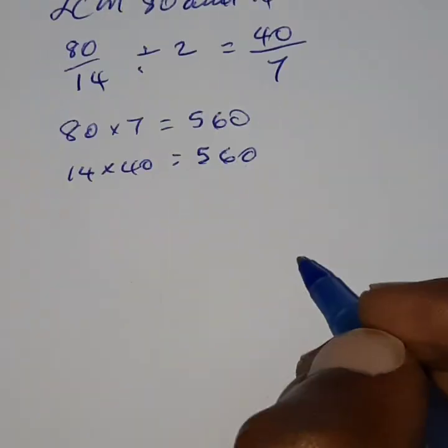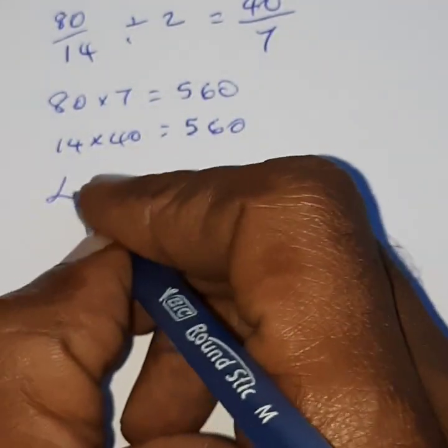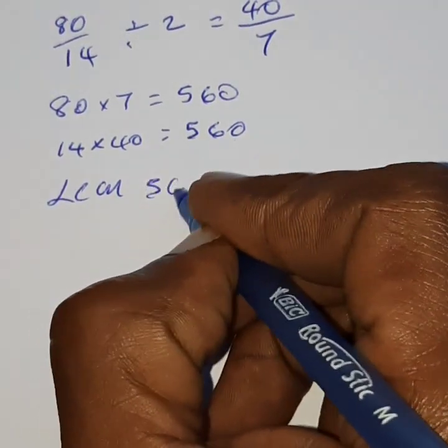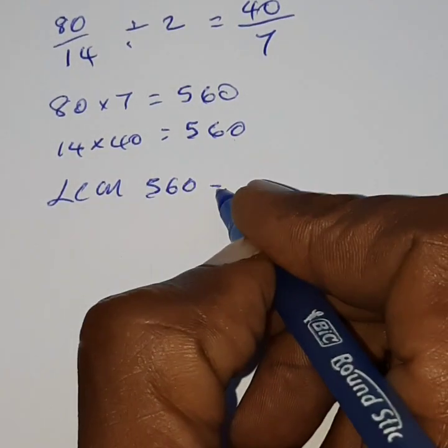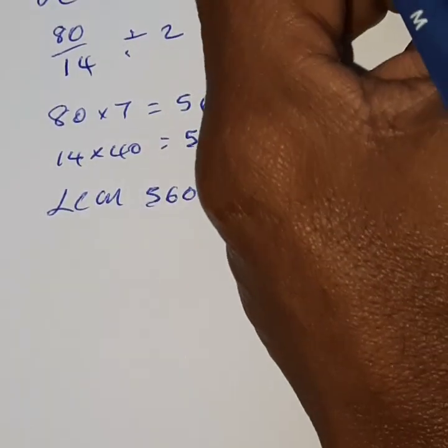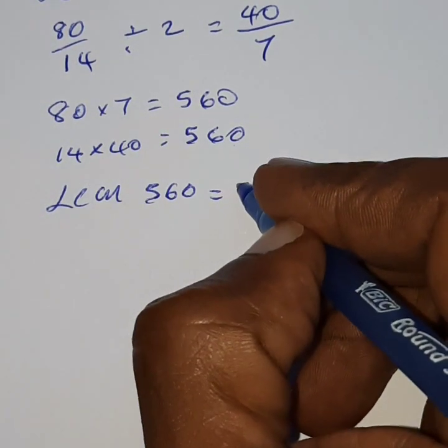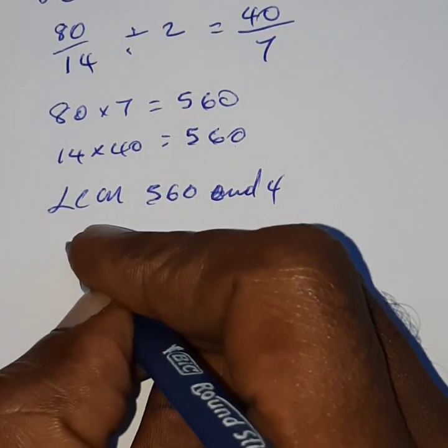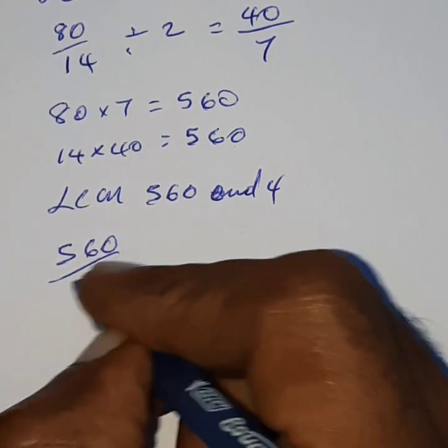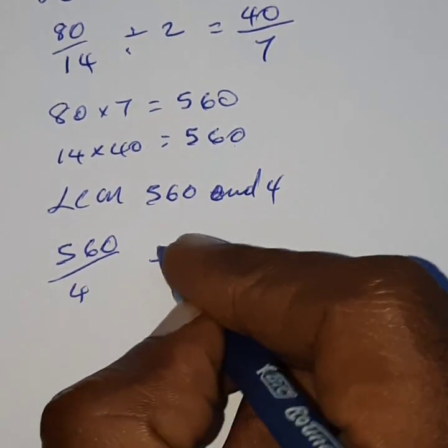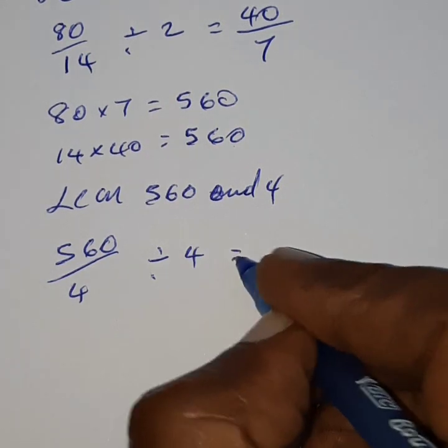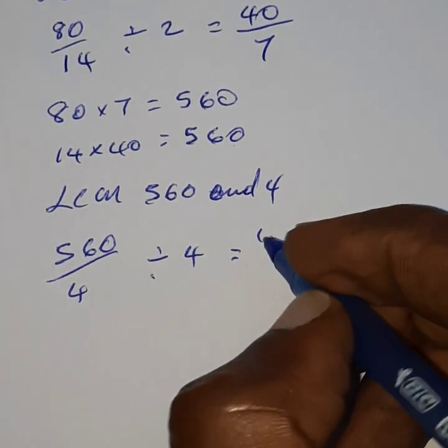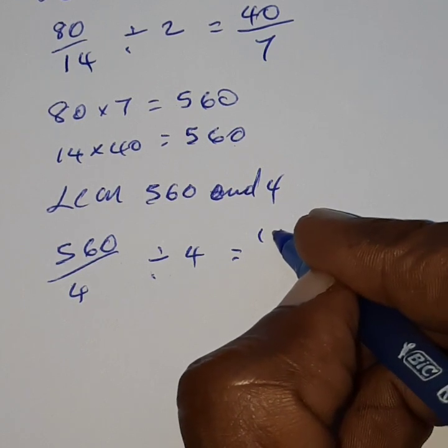Sorry about that. Now we're going to find the LCM of 560 and the next denominator, which is 4. So we have 560 over 4. I'm going to divide both sides by 4. 4 into 560 goes 140, and 4 into 4 goes 1.